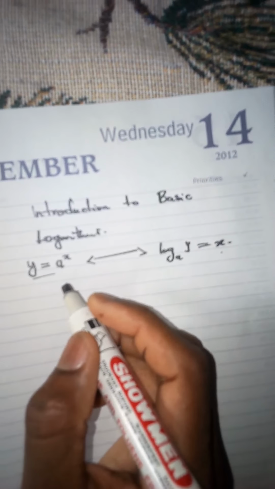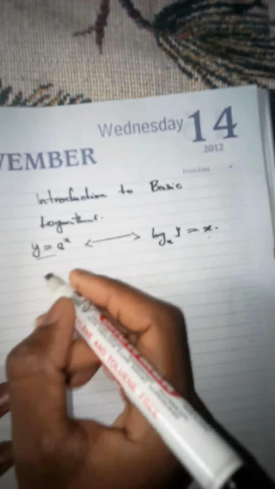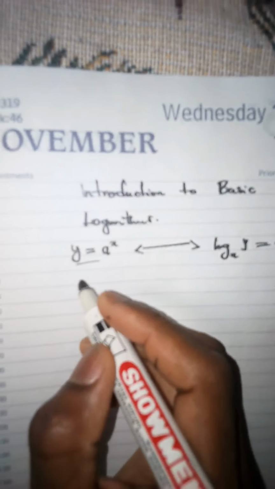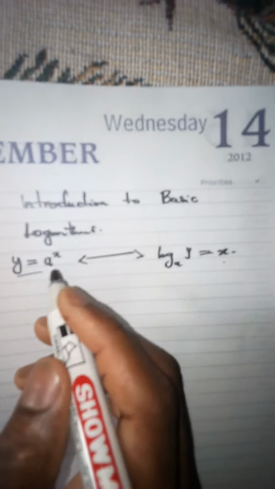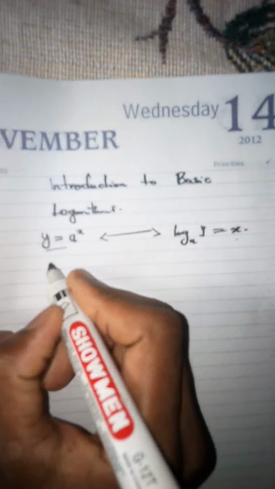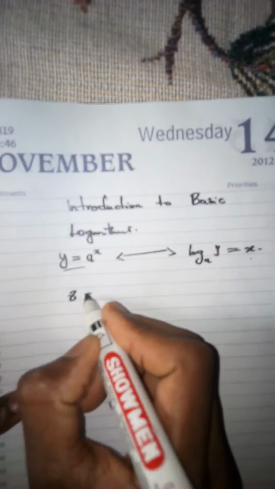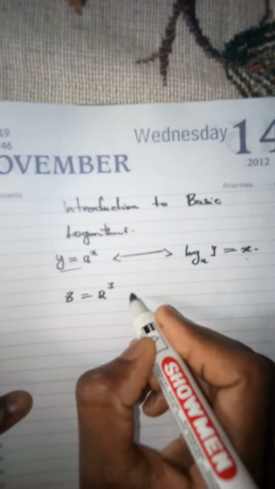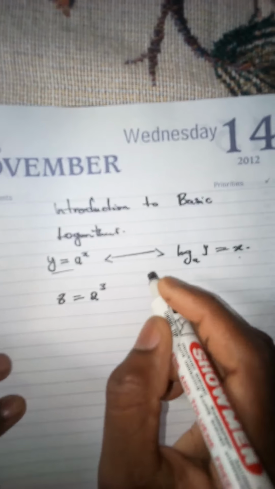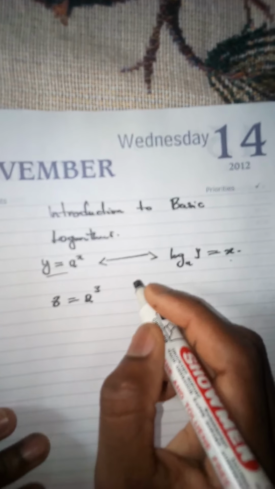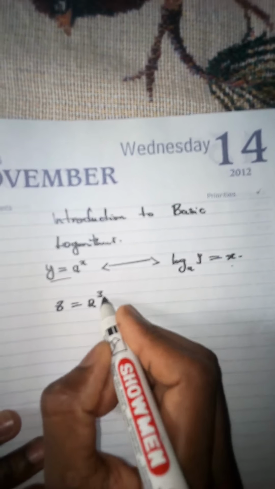Let's say we have a situation which says that 8 is equal to 2 to the power 3, and we need to find the logarithmic equation of this exponential equation.